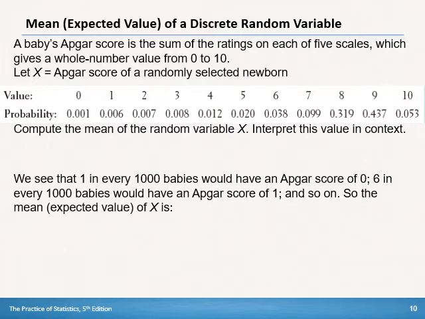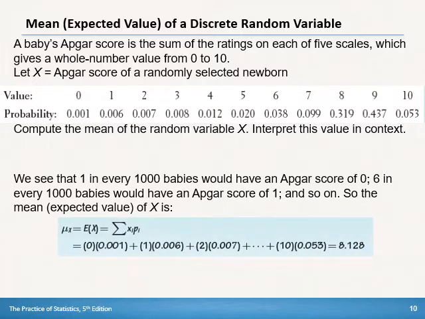All right, so how would we calculate the expected value? We simply take each value and multiply it by its probability. So we take 0 and multiply it by 1/1,000, then 1 times 6/1,000, 2 times 7/1,000, and so on.